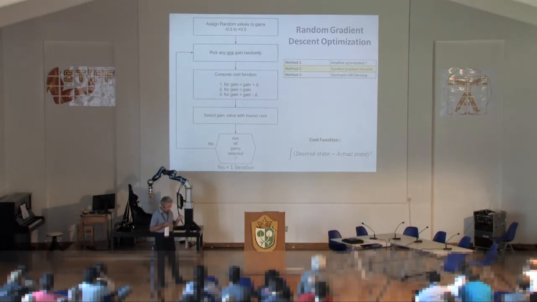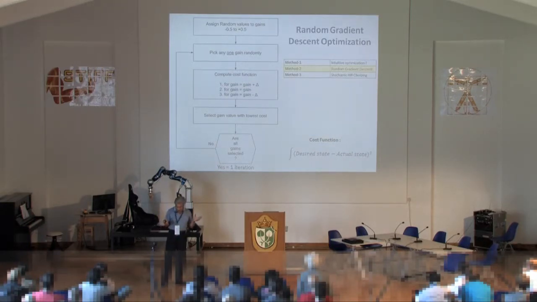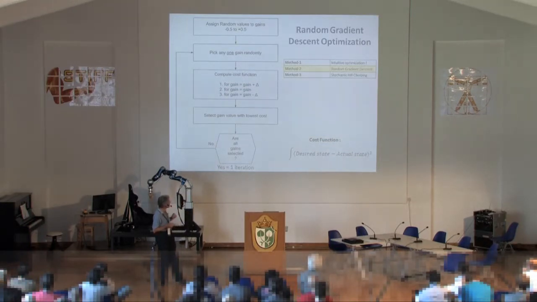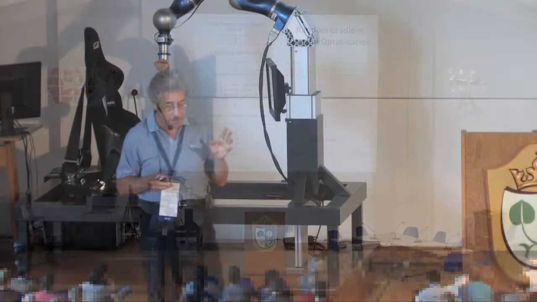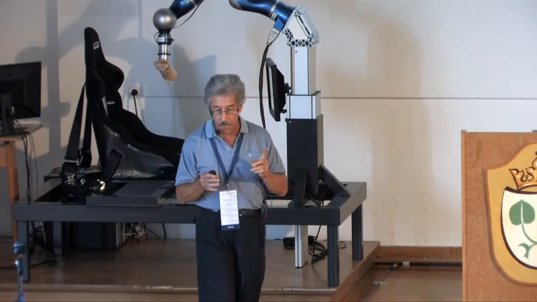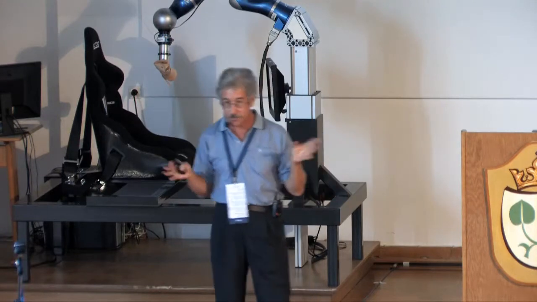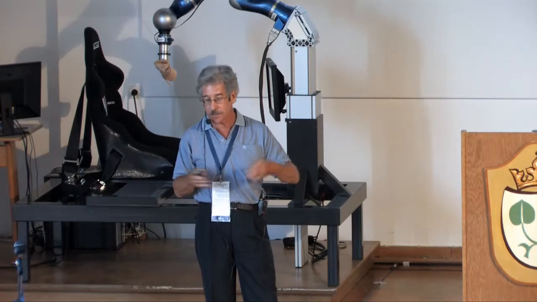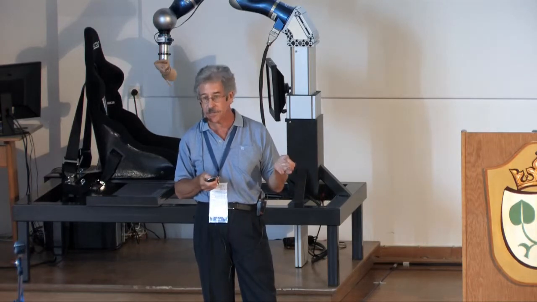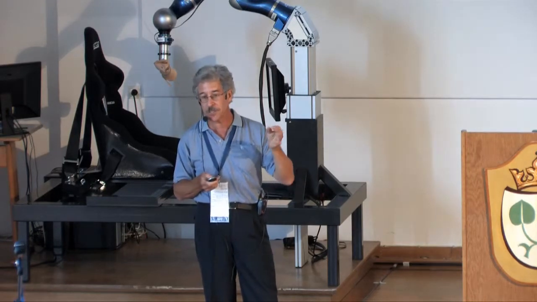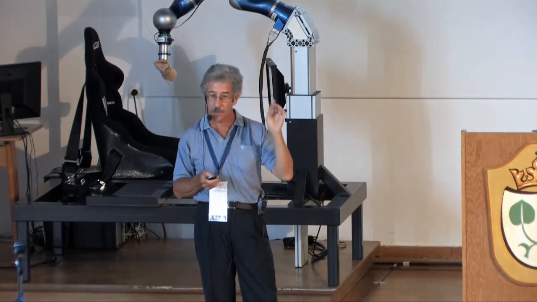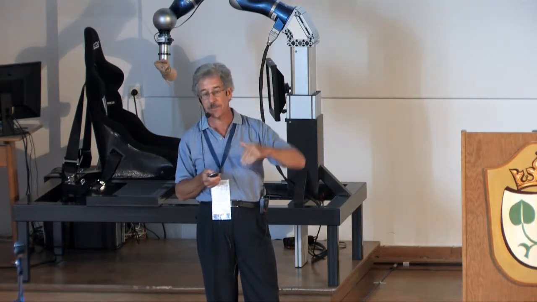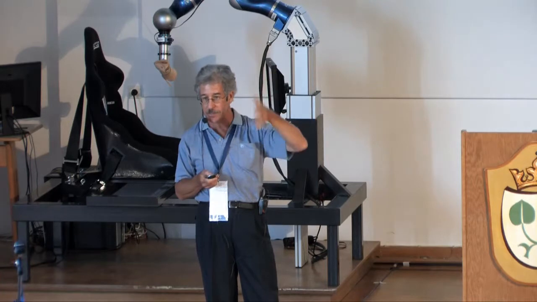And we took an extremely simple learning algorithm, and I may have a chance to talk about a slightly better one. In this case, we just said, well, let's take each gain. We'll start with all the gains randomized. Performance will be terrible. We'll have some cost function based, say, on the position or force that we're trying to achieve. And we will just take each gain one at a time at random and step it up, step it down, and pick whichever state is better.